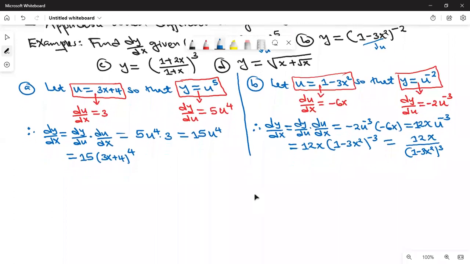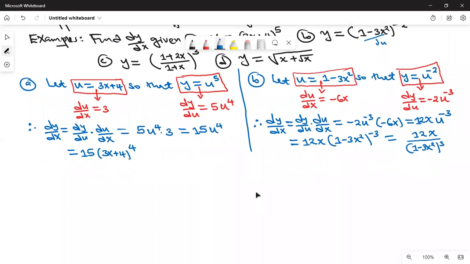Then we now go to part C. Look at what we have in part C. So we'll write here C. Now I'm going to let whatever is in the bracket be u. So here let u be equal to 1 plus 2x over 1 plus x, so that y will now be equal to u raised to 3.